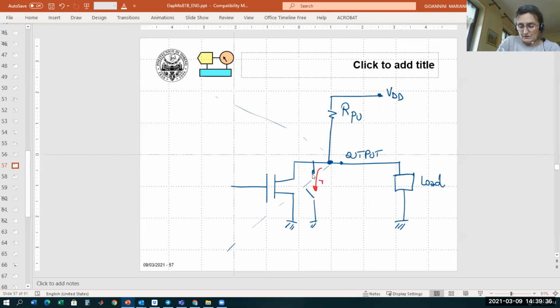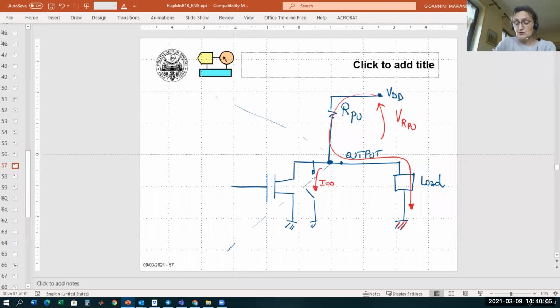So this current is 0. But we have, of course, a current flowing through the pull-up resistor down to ground along this path, so through the load. And as a consequence of this current, we will have a voltage drop here on the pull-up resistor.